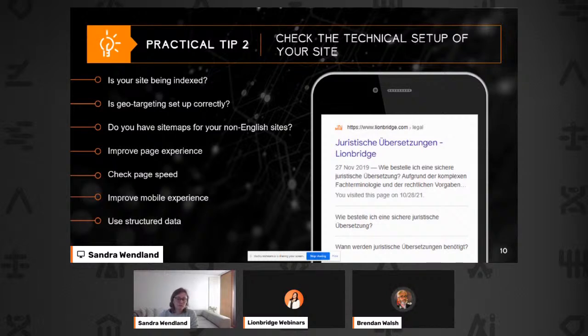I think a lot of people know, if my page is slow, I know that. If my page isn't mobile friendly, I know that. But geo-targeting is a different thing. You do need to sit back and analyze it and make sure that you understand from an architectural perspective, are you set up correctly? Are your hreflang tags set up correctly? Does your language selection tool work as well as it could from an international perspective?